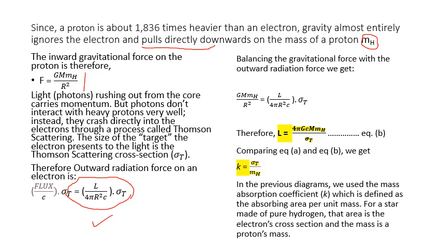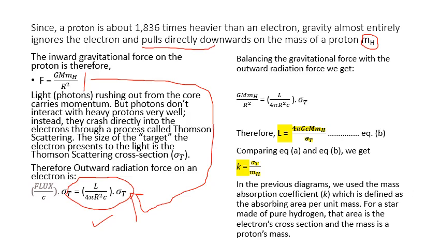So we equate both of these equations because we have to balance everything out. The gravity is pulling the protons inside, and there's this outward radiation force on the electron and therefore on everything inside, because these photons are usually not interacting with the protons.